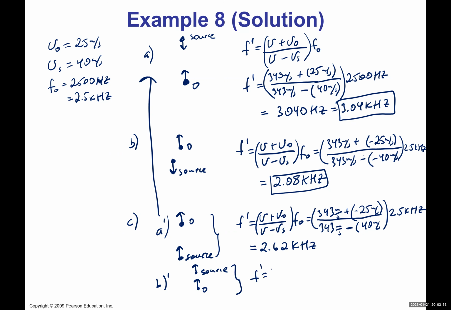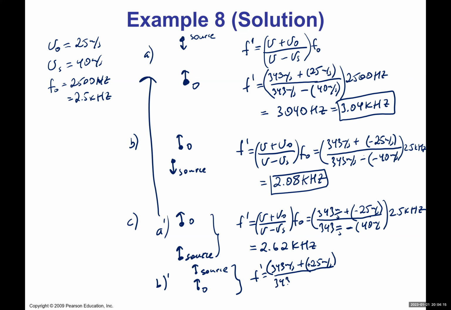So f prime here equals, I can just write down the equations. You already know the values, you already know the equation. So this will be 343 meters per second plus, now if I look at the observer, hopefully you can see the observer is moving toward the source. So it's positive 25 meters per second.